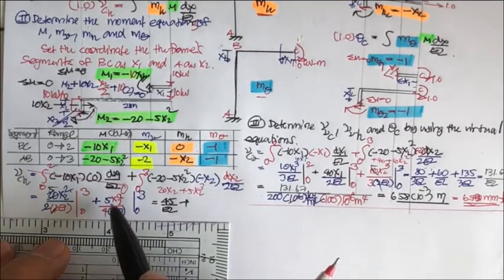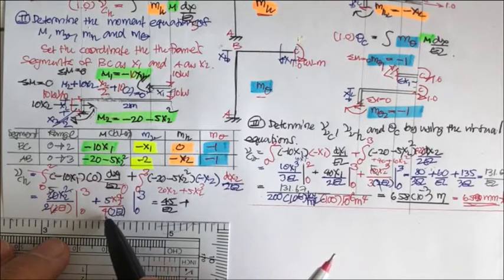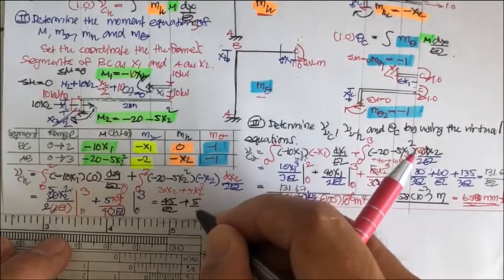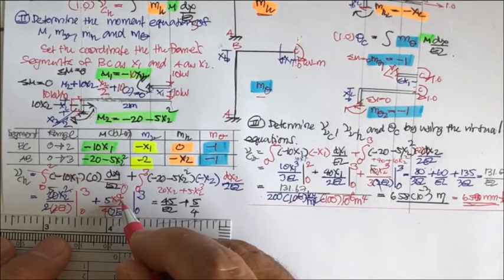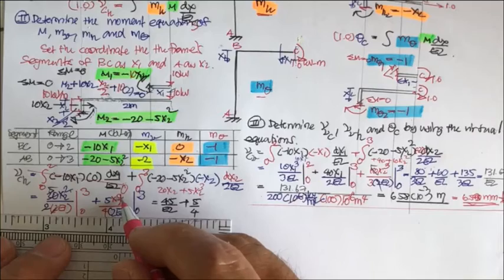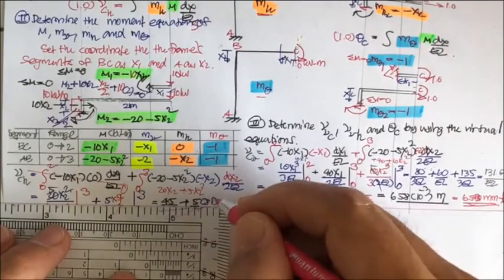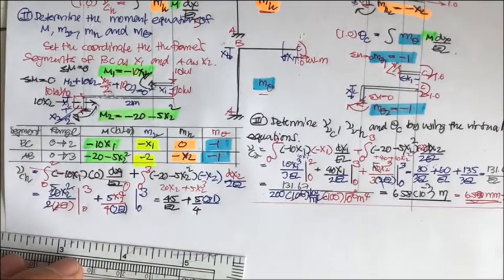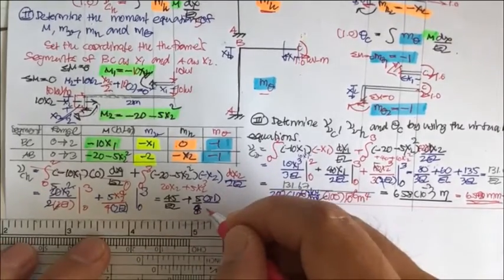Plus this time is 5 and 3 power 4, divided by this is going to be 5 over 4, and 3 power 4, 3 times 3 times 3, 27 times 3, you may get 81, and then divided by this is 2EI, that is to be 8. Okay, and then EI.